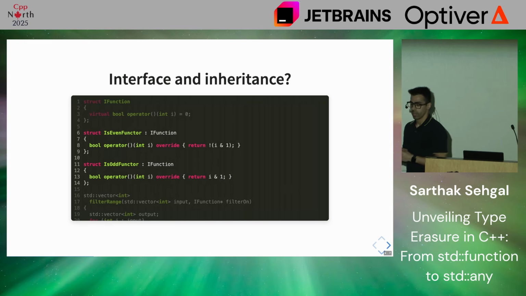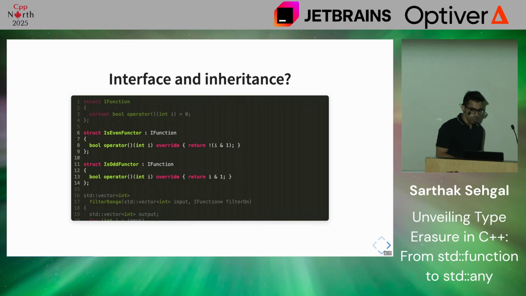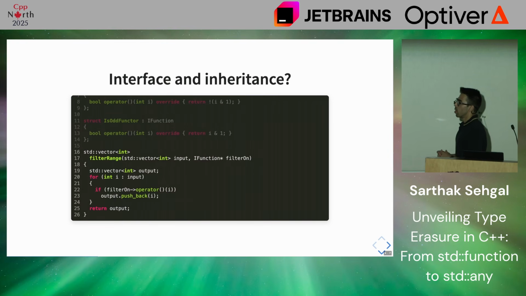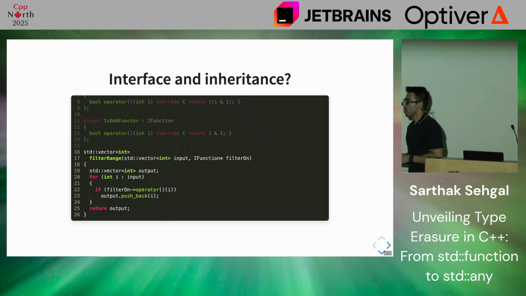The isOdd functor checks whether it's odd. Now my filter range function could look something like this. I can simply pass a pointer to the base class, and all the client needs to do now is create objects of this isOdd functor or isEven functor, with their own implementation, and they should be able to use this filter range function. Well, this looks great.